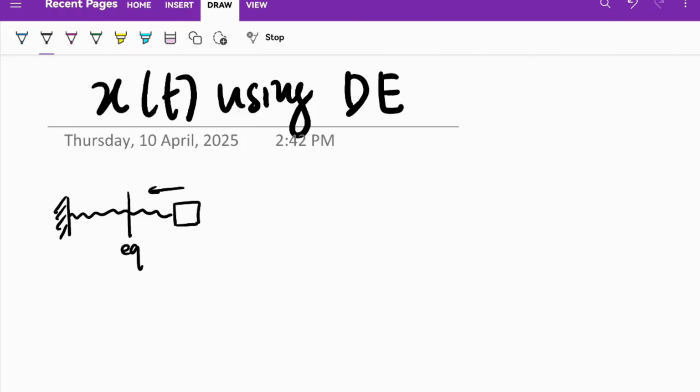And since the weight is not involved in the direction we are looking at, because we're looking at the x direction, our resultant force is equal to our spring force, which is our restoring force also. So if I were to write it, F net equals F subscript S, which indicates the spring force.